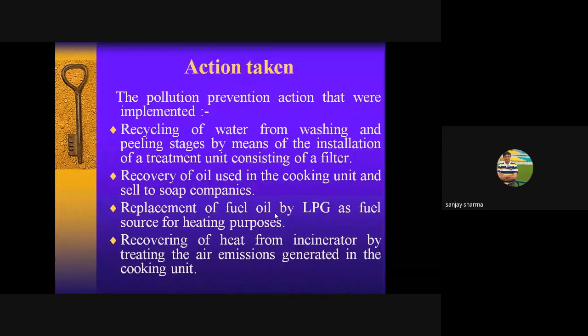If initially you are heating at, say, 800 degrees centigrade, with recirculated hot air you may require only up to 600 degrees centigrade. So you are saving energy also.